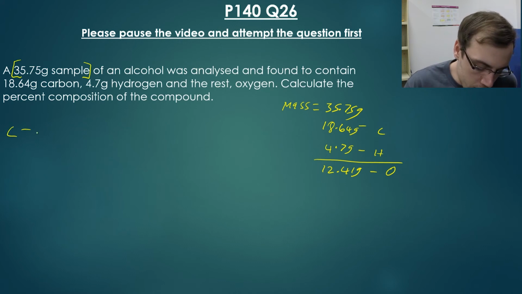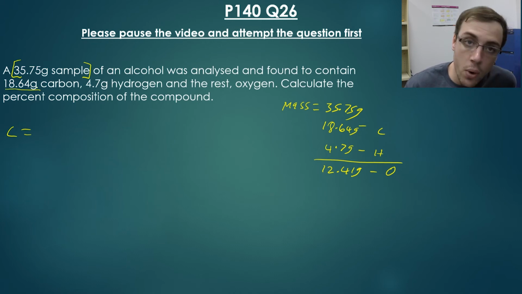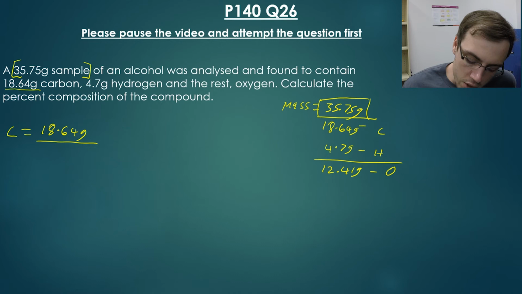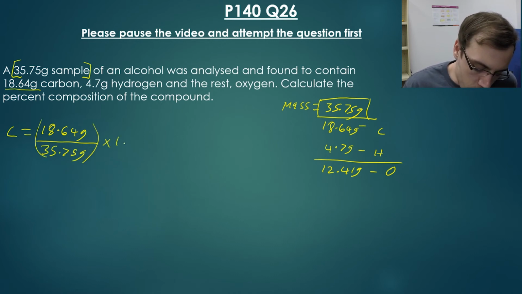So carbon is 18.64 grams, divided by the total mass, which is 35.75, times 100, and that will equal 52.14%. Now let's do hydrogen.